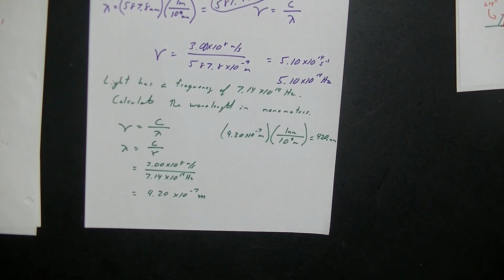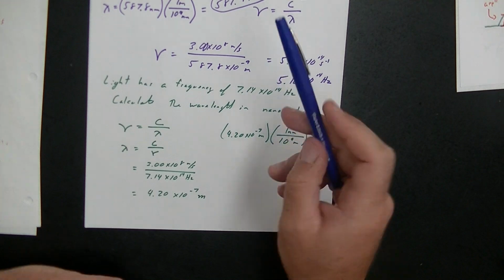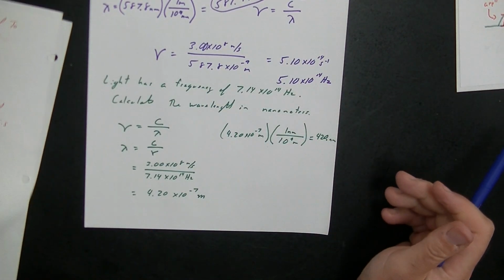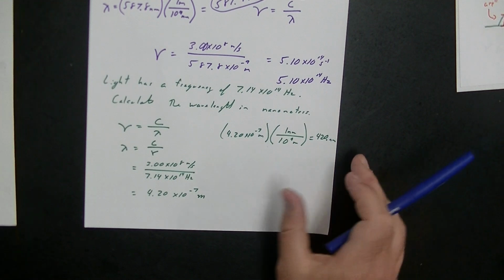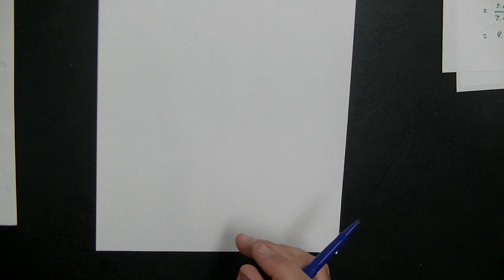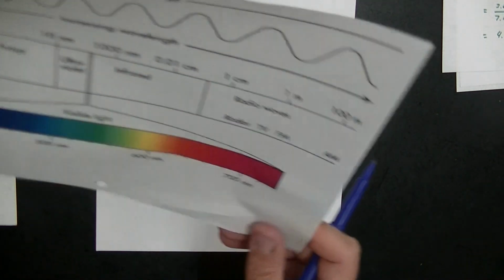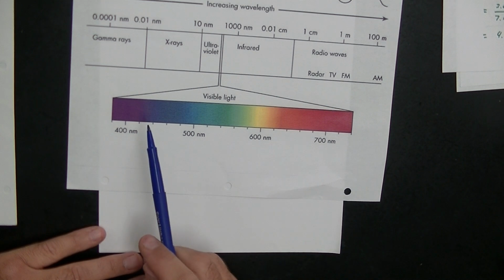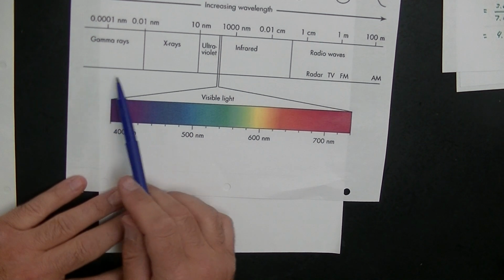So now that we can calculate wavelength and frequency of light, we're going to take the next step. If we look at this electromagnetic spectrum, this one's arranged in decreasing wavelength.